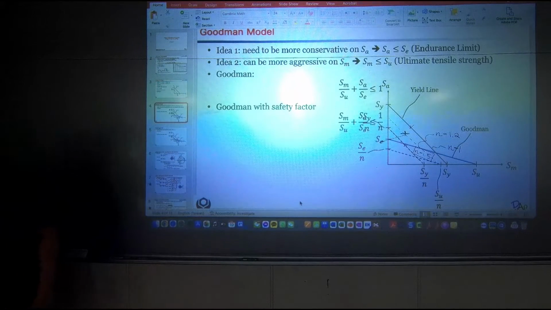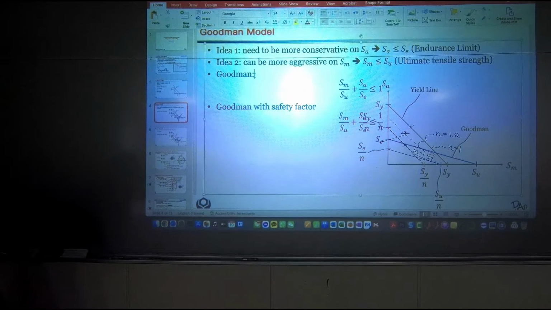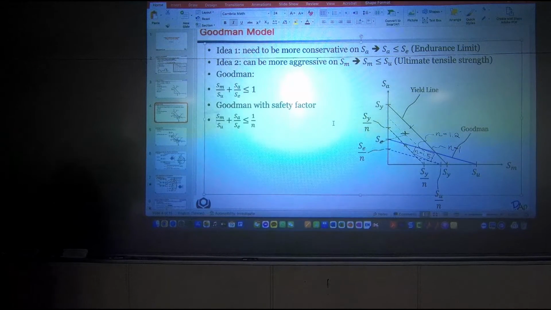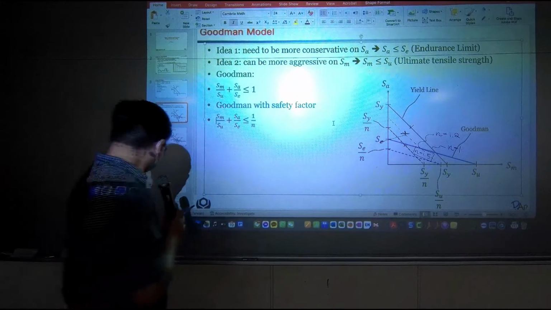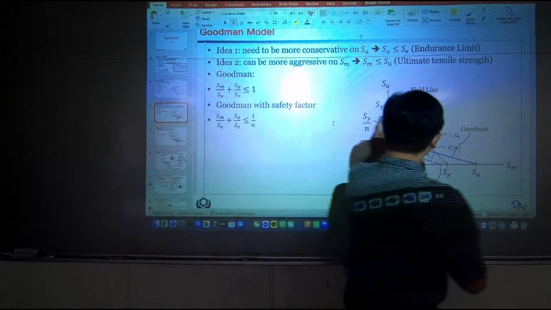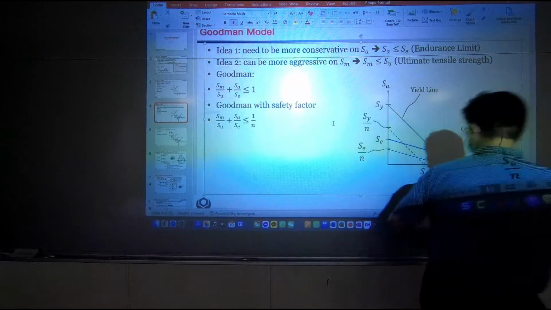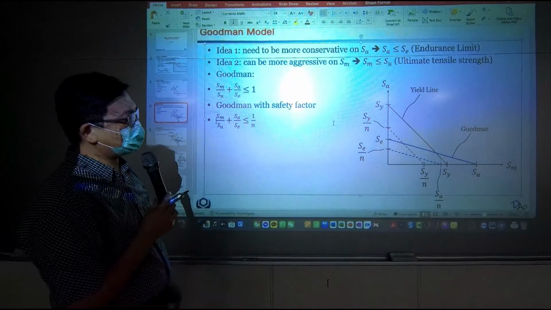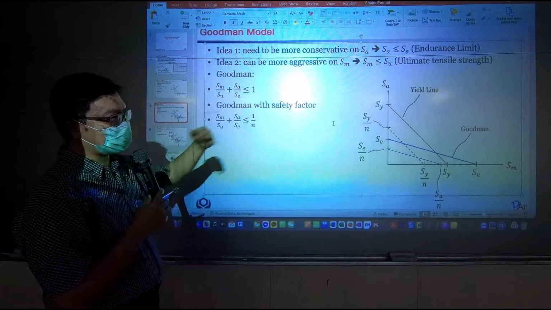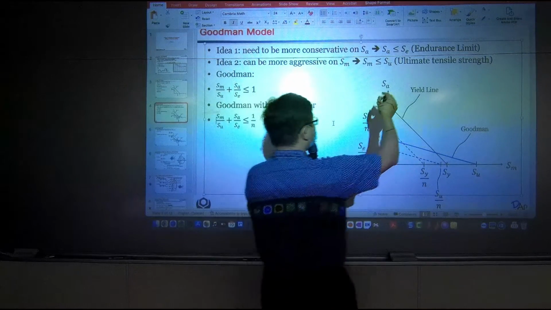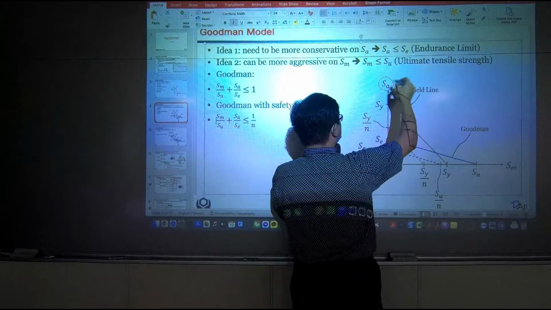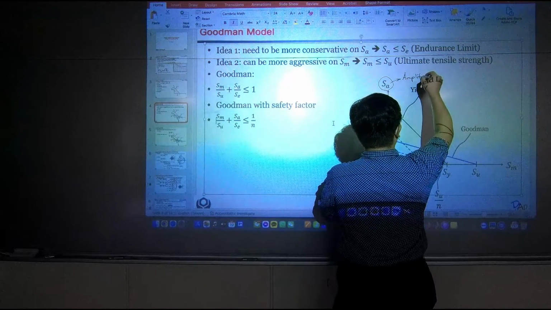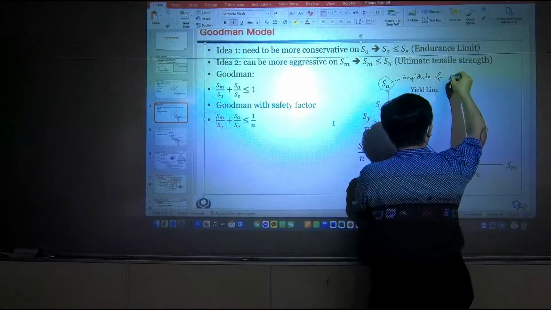Let's move on to the next model, and let me fix this. Because we know the strength of your material decreases as the cycle time increases, this is representing the amplitude of your stress, of dynamic stress.